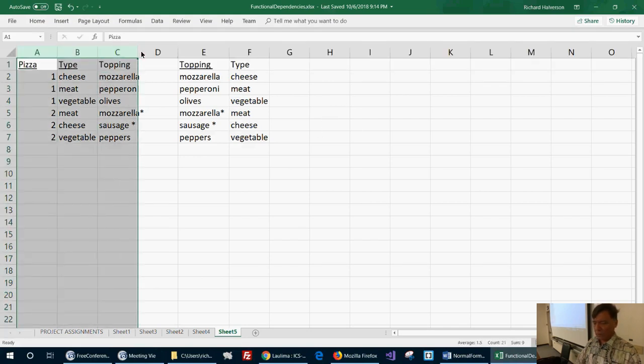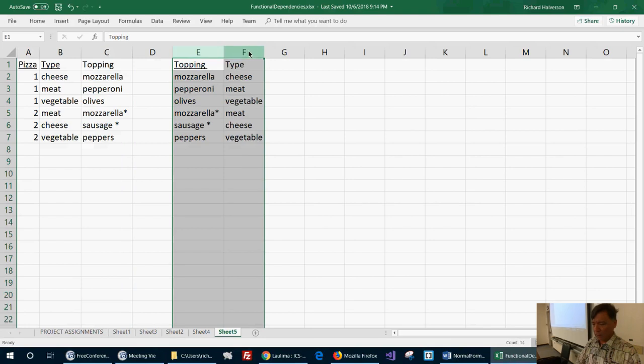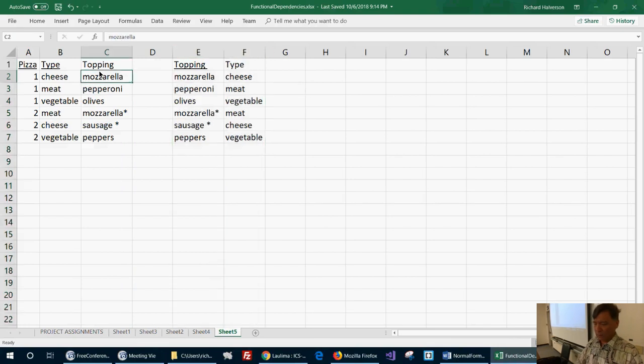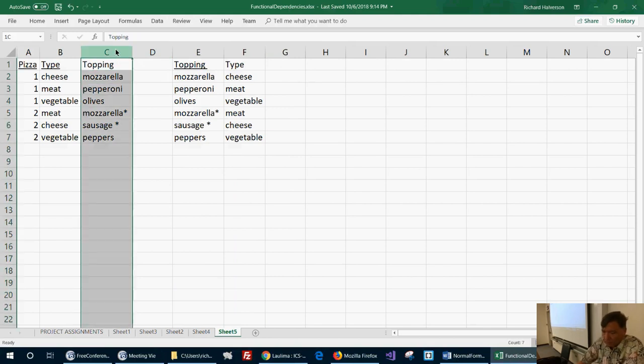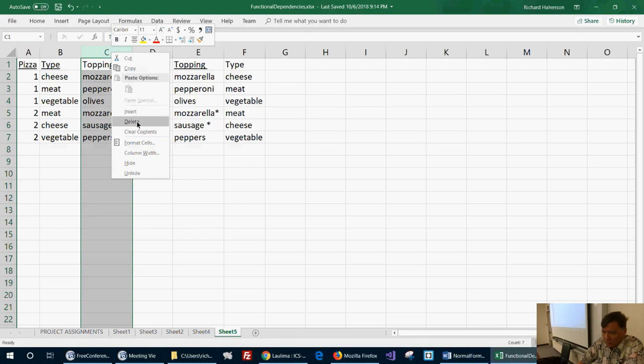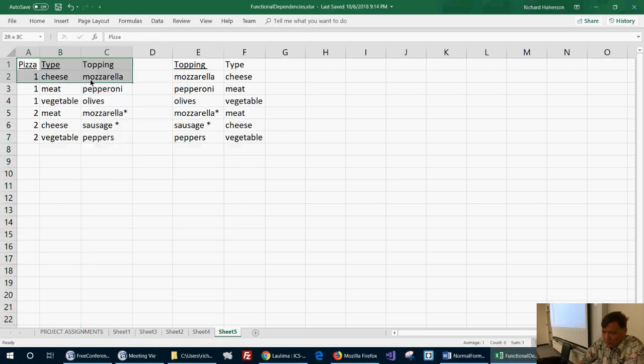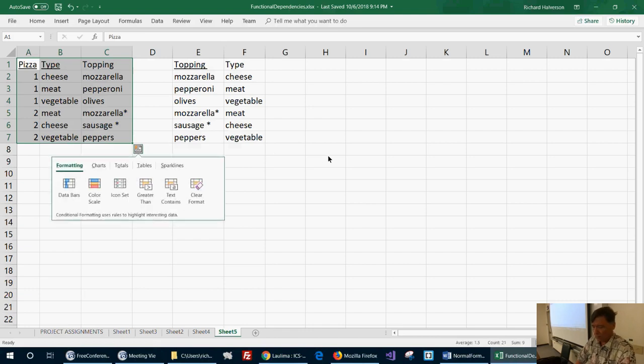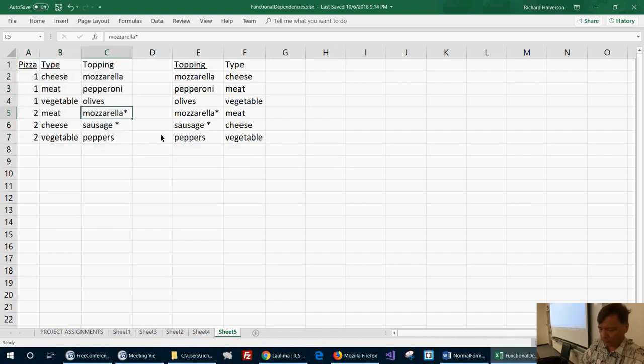Okay, so you could have one table like this and one table like this, but you still have this problem. You could take this off, and what happens if you do that? Oh, wait a minute, I should fix this first. You could change this to sausage, and that's cheese, I guess.